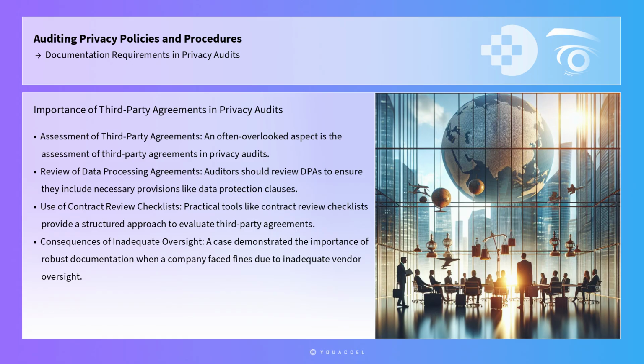Practical tools like contract review checklists can aid in this process by providing a structured approach to evaluate the adequacy of third-party agreements. Ensuring robust documentation of third-party agreements is crucial, as demonstrated by a case where a company faced fines due to inadequate oversight of a vendor's data processing practices.